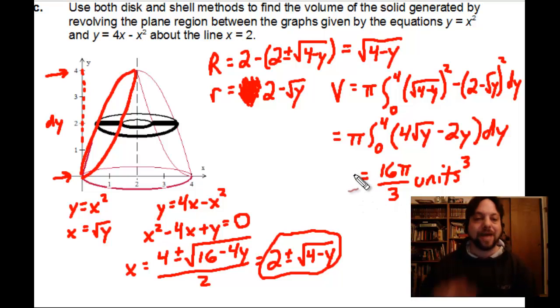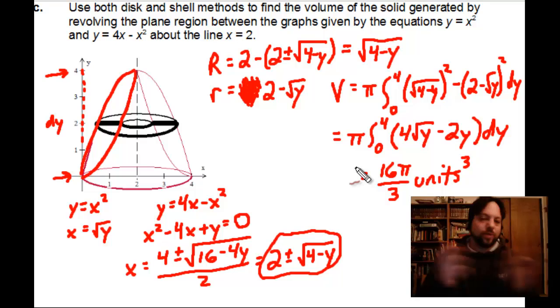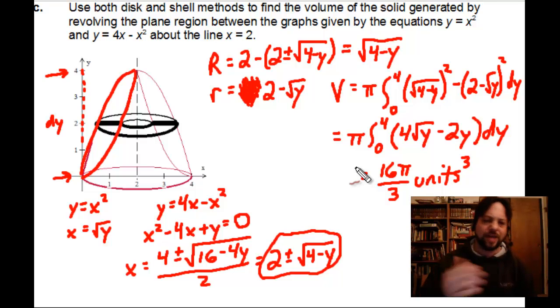So it wasn't that bad once we got the integral set up. However, setting up the integral was hideous. We had to use quadratic formula. We didn't even have a c. We had to stick y in there for c, solve for that, square a bunch of things. We had to deal with the fact that the axis of rotation was x equals 2 rather than the standard x equals 0.